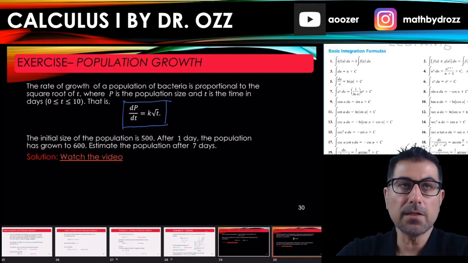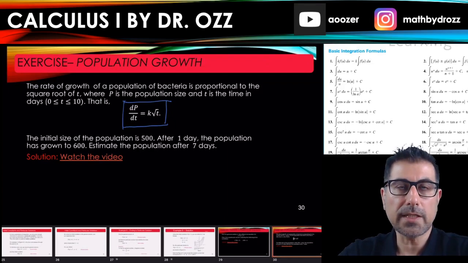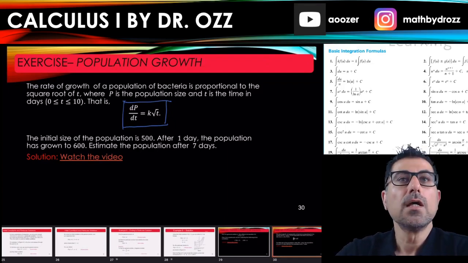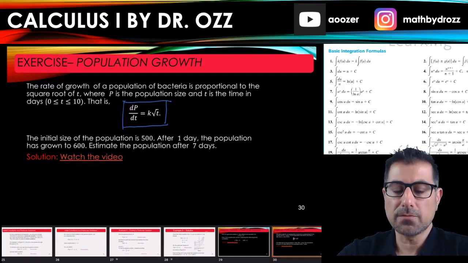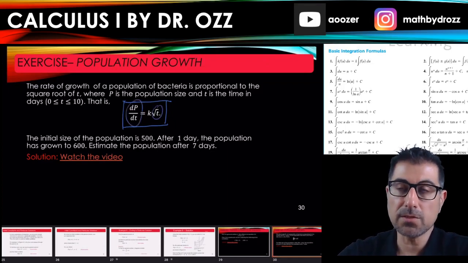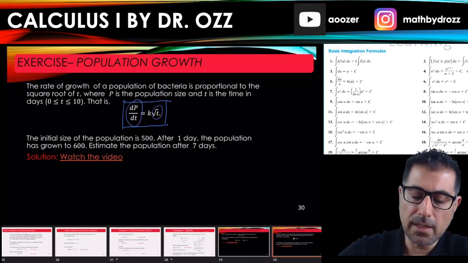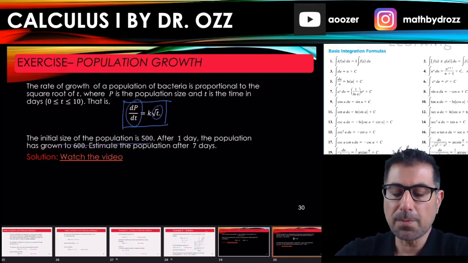That's the meaning of the first sentence. The rate of growth of a population of bacteria, which is dp over dt, is proportional to the square root of t. Proportional means the square root of t and dp over dt are related to each other by a constant k. And you're given the initial size of the population.